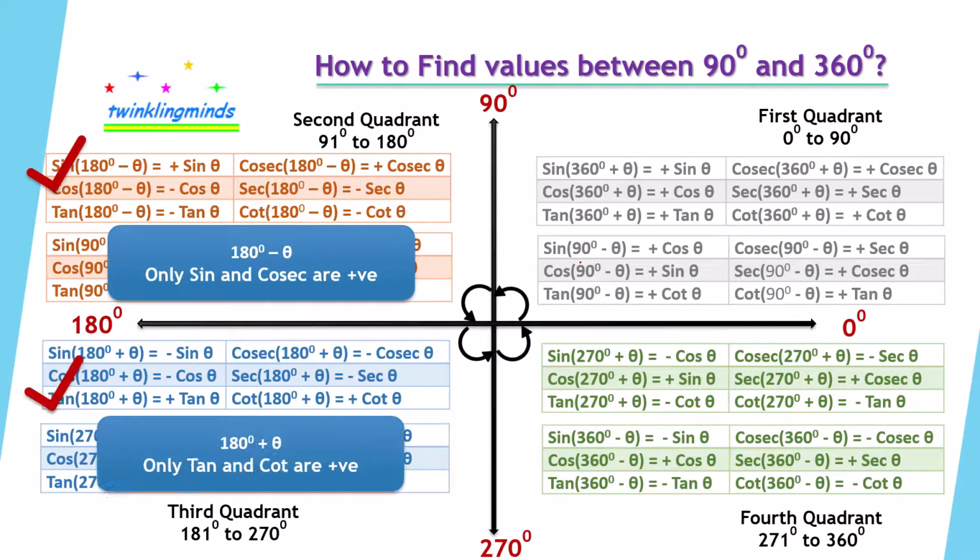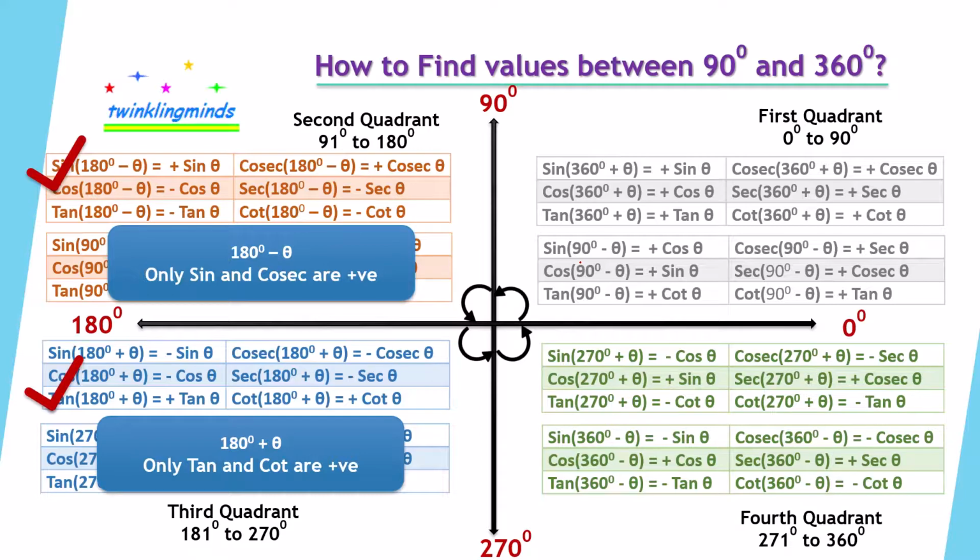Let us move to the next quadrant. In third quadrant, we use 180 degrees plus theta notation, not 270 degrees minus theta notation. Why? Because of the same reason which we have discussed just before. And in third quadrant, tan and cot are positive.